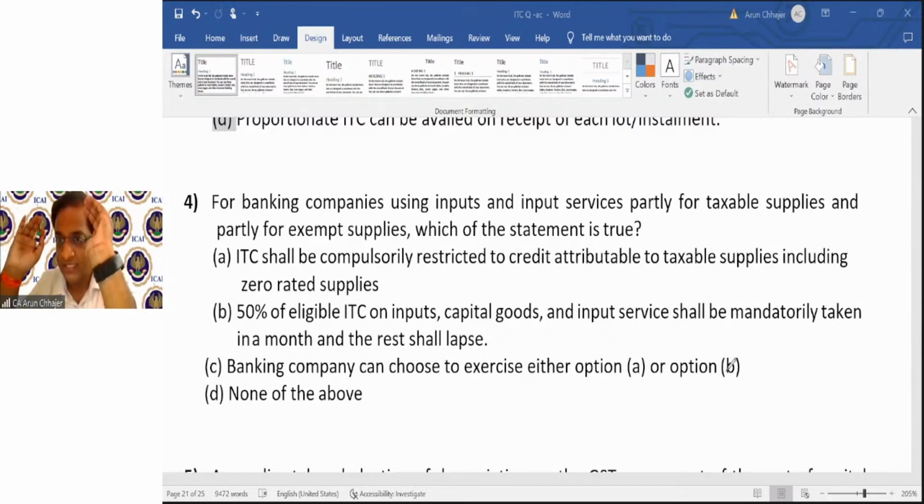See, conceptually, any registered person making two supplies, one taxable and one exempted, has to reverse some ITC. For other than banking companies, they have only one option, the proportionate reversal, where the formula is given in rule 42-43. In the case of a banking company, this option is always available, or they can straightforwardly reverse 50% of the ITC.